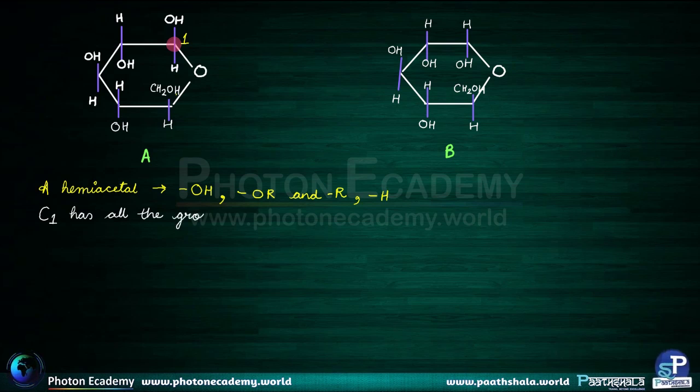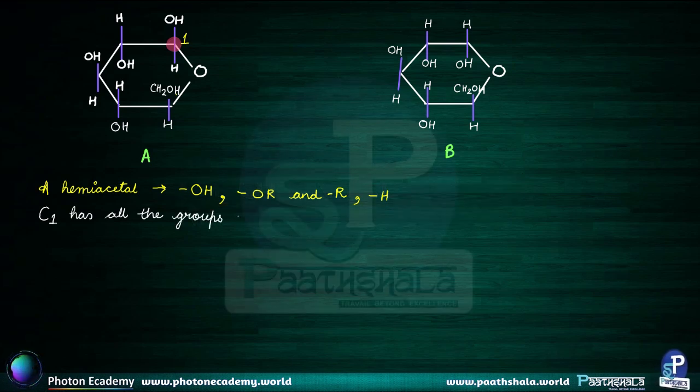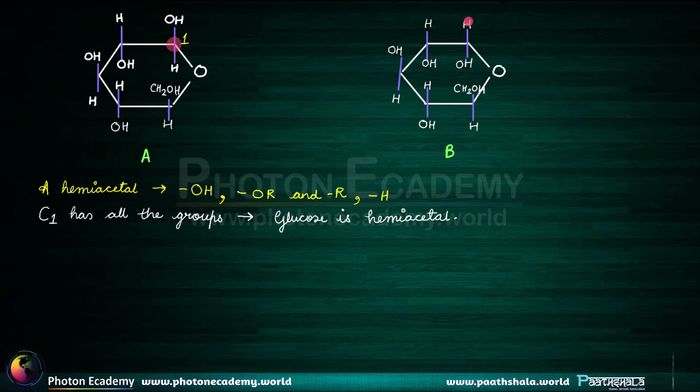So it makes my glucose a hemiacetal. So glucose is hemiacetal. Now I am assuming that you can also see that these four groups are also present in the other cyclic structure. So I've got R over here and I've got an OR group over here. So glucose is a hemiacetal.